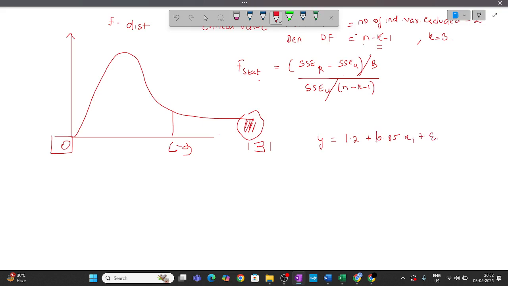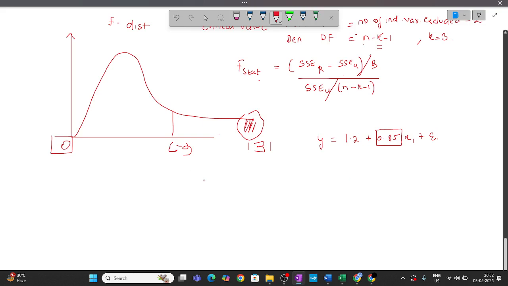We run a t-test to check if this slope coefficient 0.85 is different from 0 or not, right? Because if it is equal to 0, then there is no relationship between x and y. It does not matter what value x1 has, y will not change.